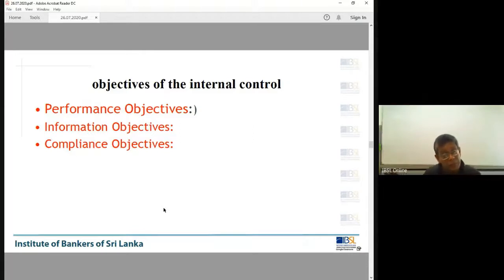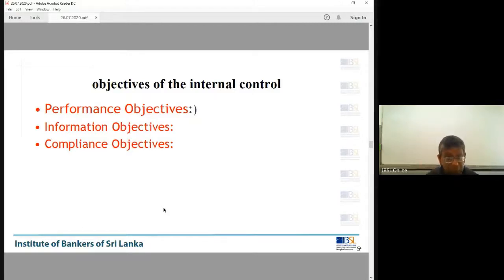And by protecting against losses, your performance increases, right? So it means maximum use of your resources. So that is why you need to have internal control. Otherwise, there may be a lot of wastage and so on, right? That is for the performance objective. To maximize utilization of your resources, you need to have internal control.